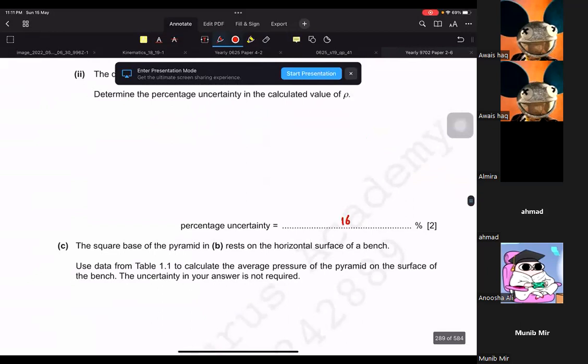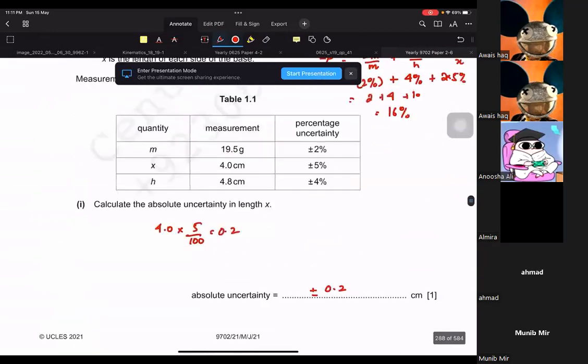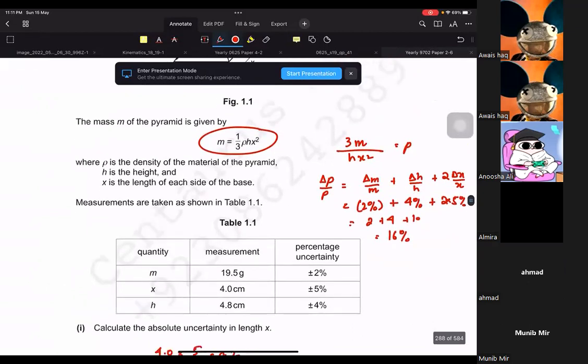So here you go. Sir, why don't you multiply by 2 in the first part? Because the question just said percentage in x. It does not say how much it contributes to the uncertainty of rho or the density.